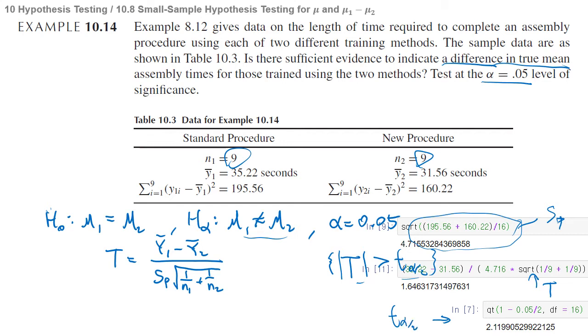What we observed is 1.64 is less than 2.11, so this is not inside of the rejection region. Our conclusion is do not reject H0. There is not much evidence that the difference in the two means is statistically significant at alpha level 0.05. Okay, so this is our conclusion.